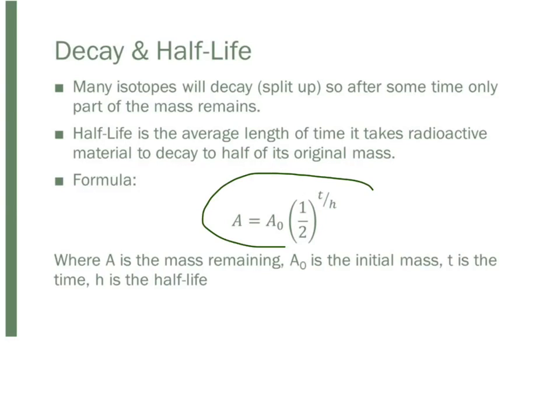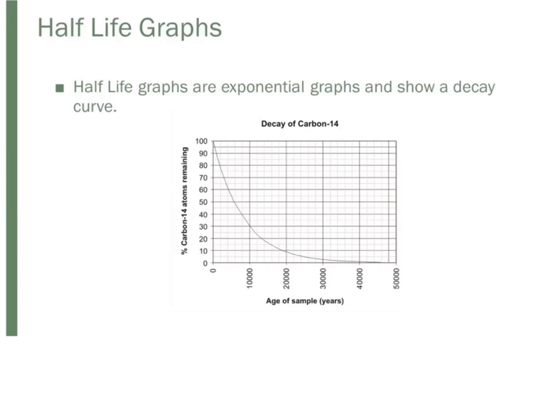So here's our formula. So you are going to have to either use your bracket function or your fraction button on your calculator when you're doing that exponent, because you are going to have to do the time divided by the half-life. And A0 is your original mass or your initial mass, and that's the mass that you have, and we're usually calculating the mass. Half-life graphs are exponential curves, and they're exponential decay curves.